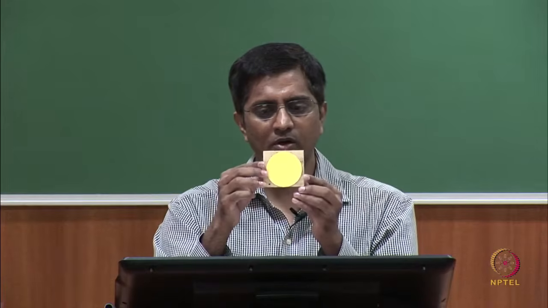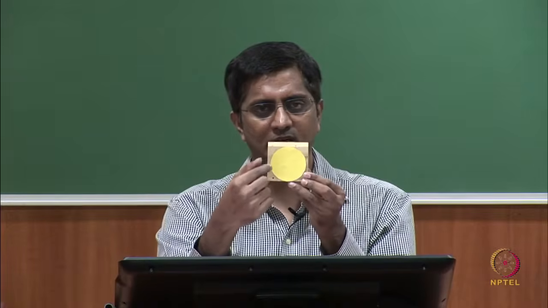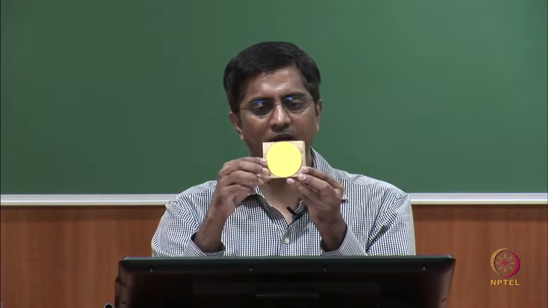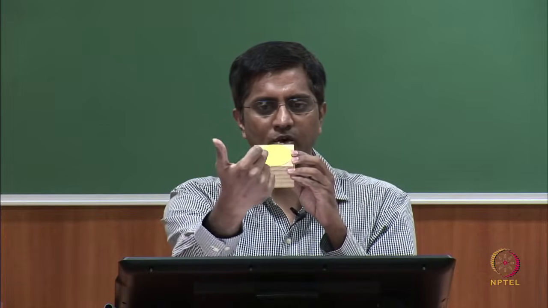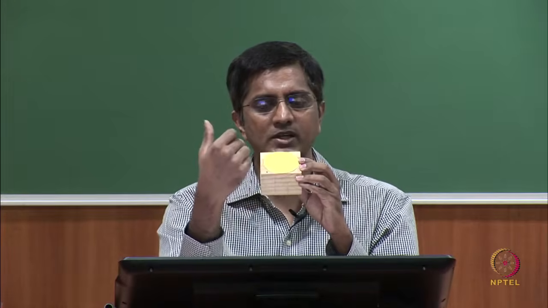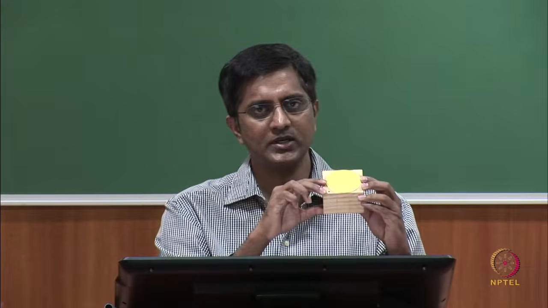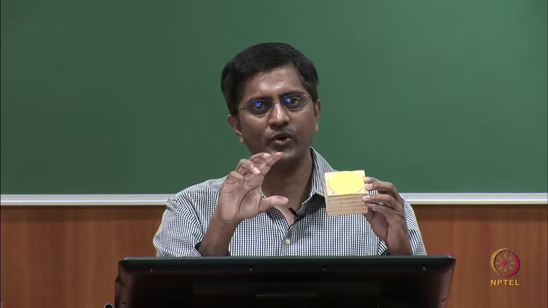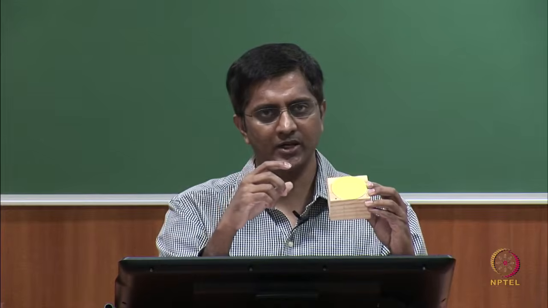When you look straight into it, you see it as a circle, but now let us say I incline it. If I incline the surface and you are looking from the front, what you see is not a circle, but an ellipse. So, what we are trying to say is the circle, when viewed from different angles, will sometimes look like an ellipse.